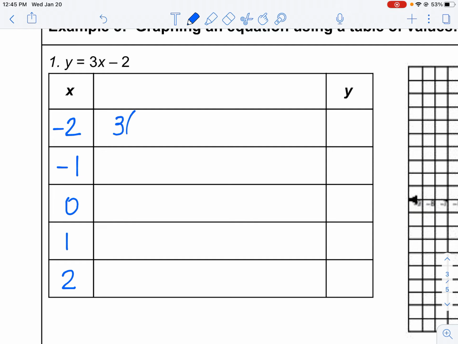So I'm going to say 3 times -2 minus 2. So that equals 3 times -2 is -6. And when I subtract 2 from that, I get y is -8. And I'm going to continue to do this down my T-chart.